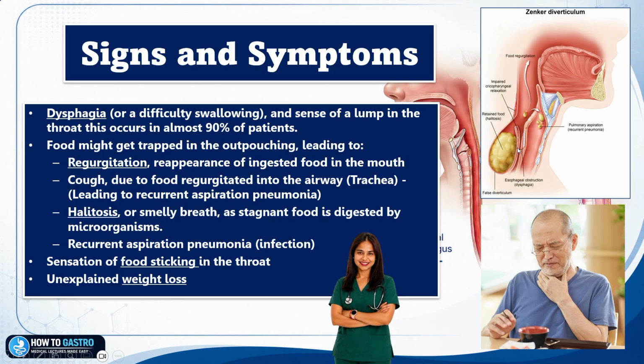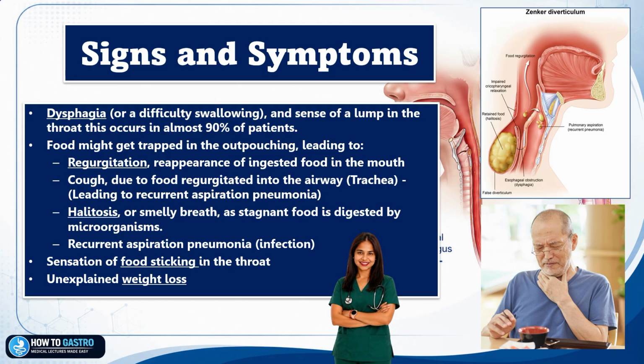But if this pouch is full of food that's collecting in this area and rotting, it's also pushing down on the lumen of the esophagus, making this channel quite narrow and also difficult for food to pass through. That is where the difficulty in swallowing, or the dysphagia, comes in. And this occurs in 90% of patients.